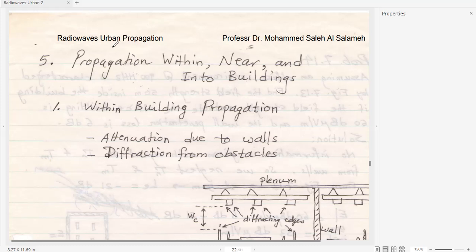Urban area radio wave propagation. Propagation within buildings, inside buildings, near buildings, and into penetration of buildings.